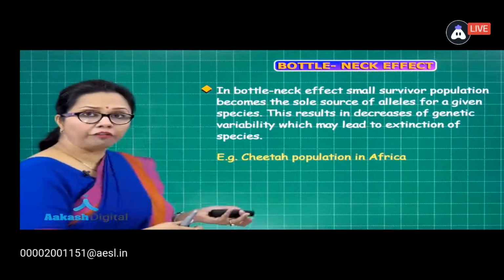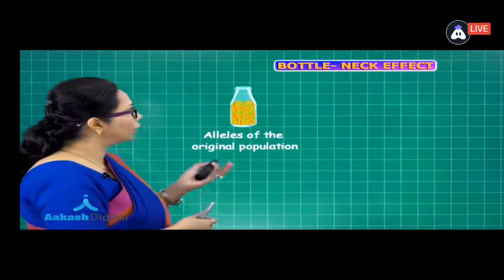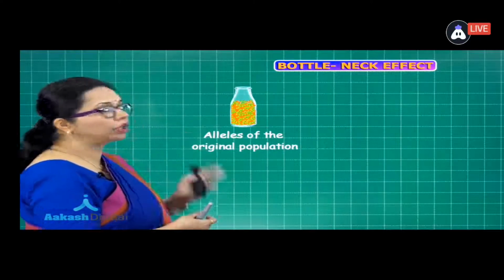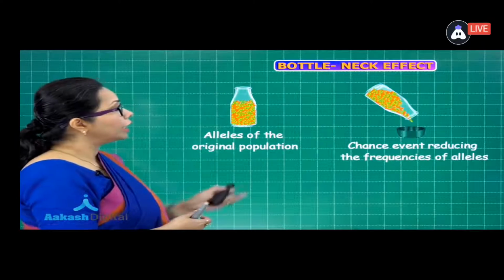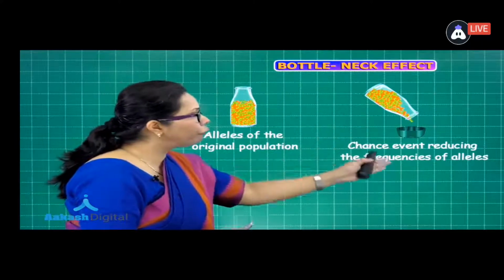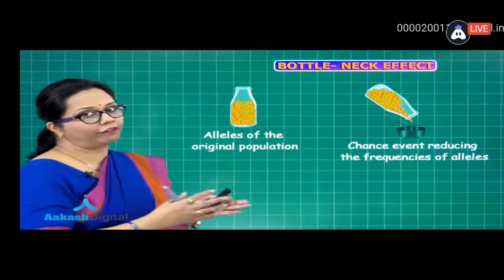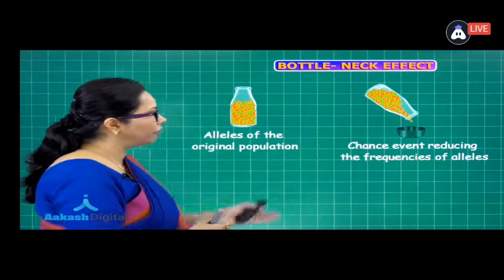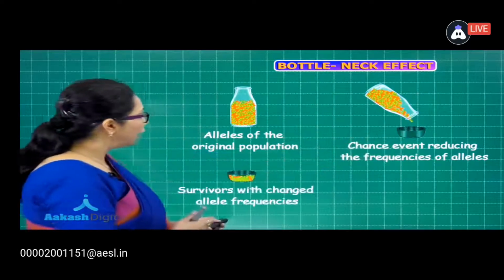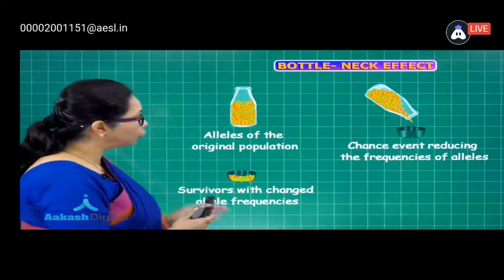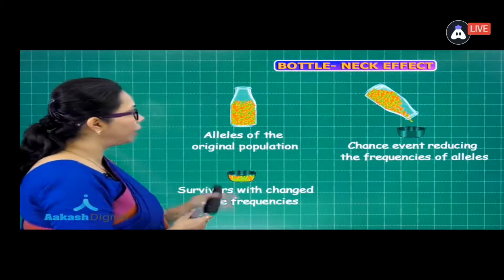So this bottleneck effect again we can show here with a diagram. Let us say that these are the various alleles which are there in the original population. Now this population undergoes a crash and only few alleles are left. So the frequency has undergone a change. Now whichever are surviving, which are there here in this bowl, they will survive and form a new population.